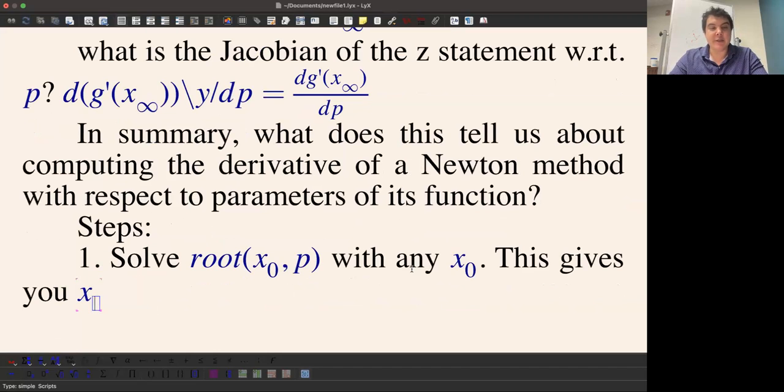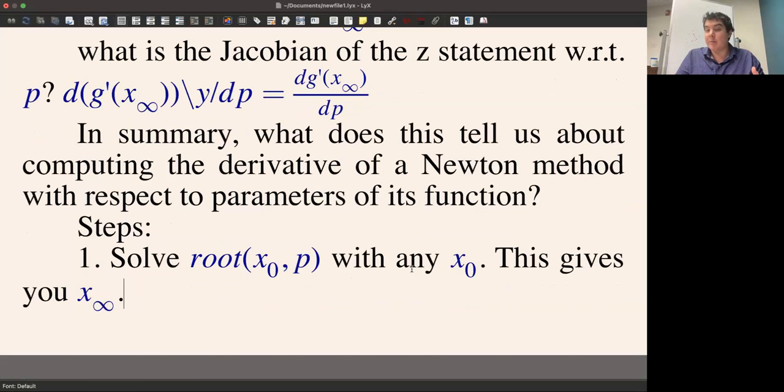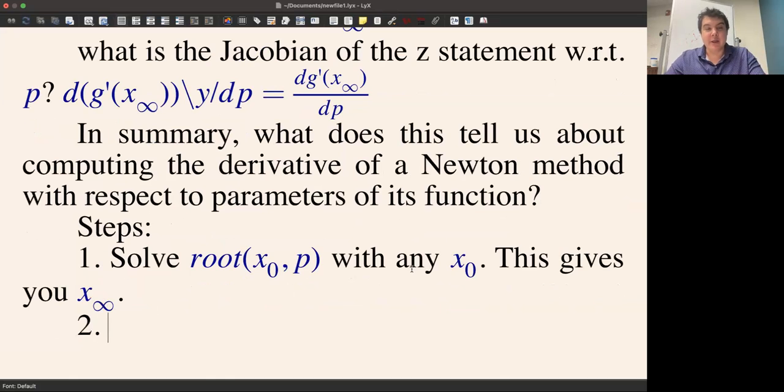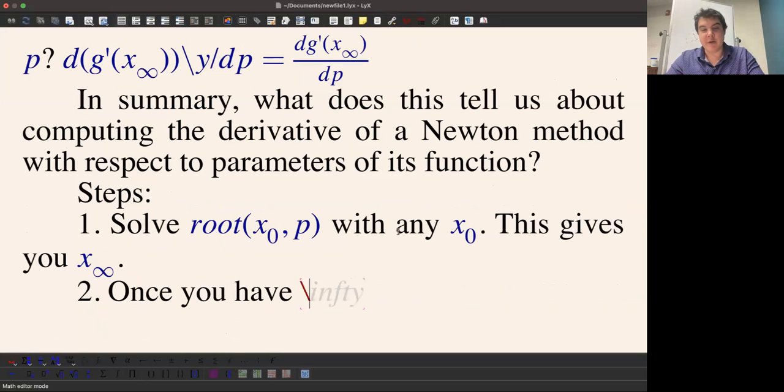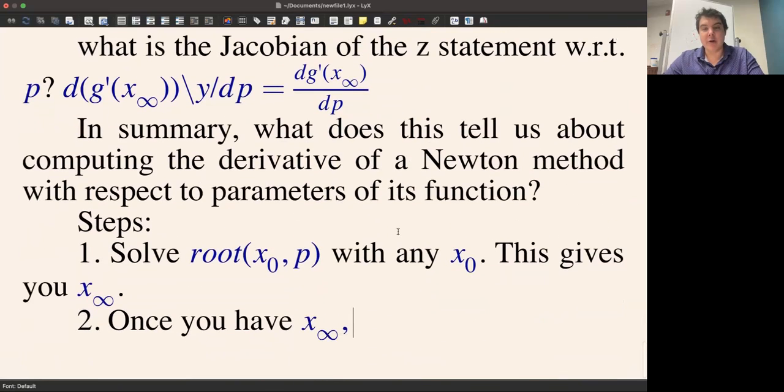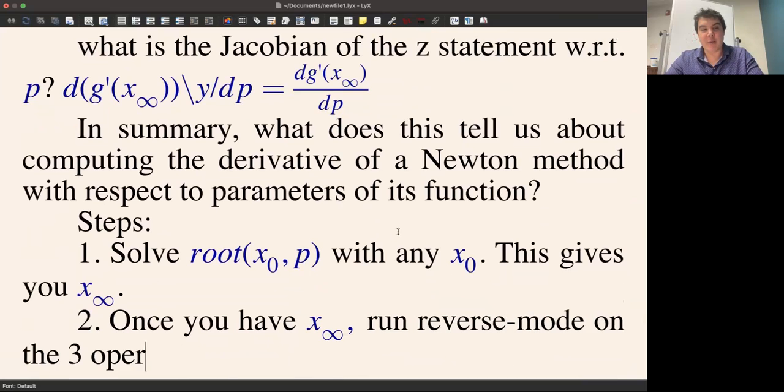And this is kind of key to anything that you do with derivatives. You always have to have the primal pass. So whatever you're trying to differentiate in differentiable programming, you're always going to run the original program. Now, the key thing here is that once you have x infinity, step 2 is run reverse mode on the 3 operations above, right?